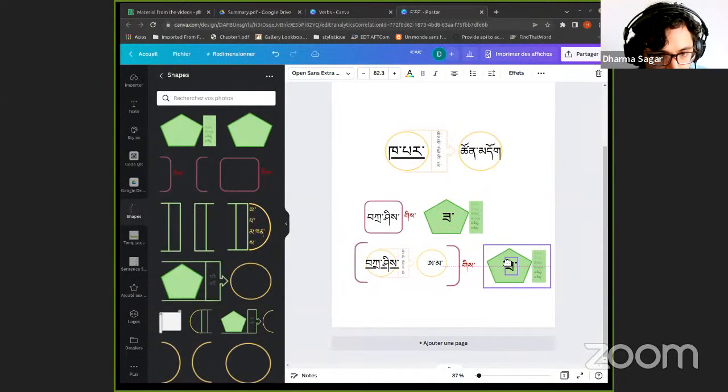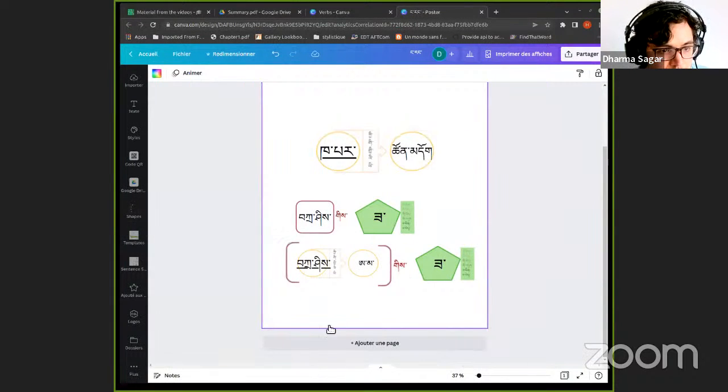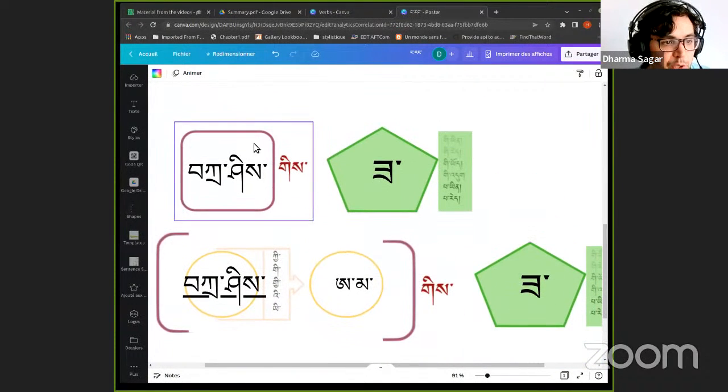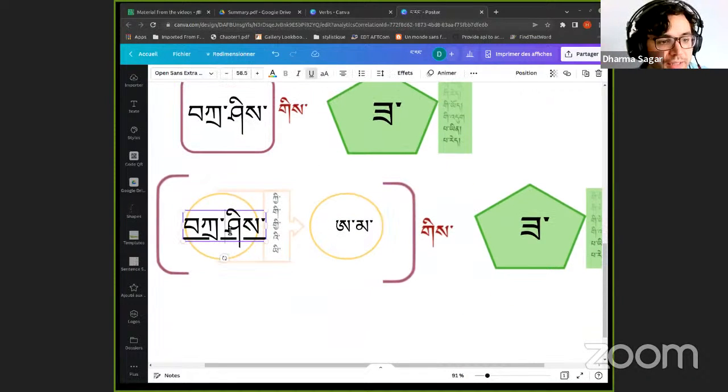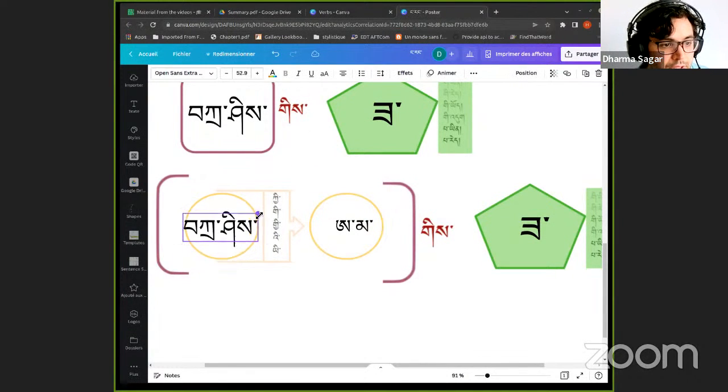So now you have the same component ki, that is the subject, but you have something complex inside. Right? You have Tashi gi ama.